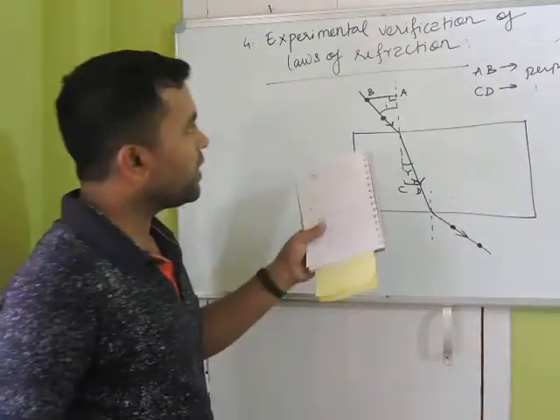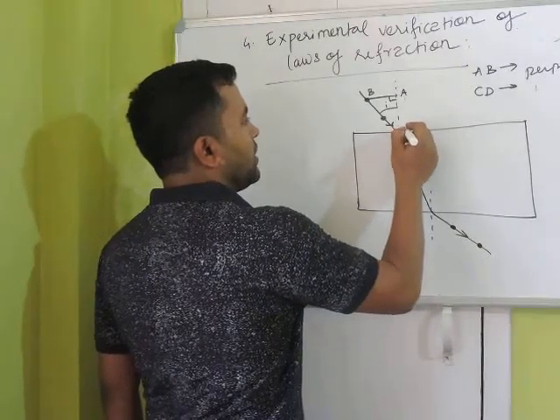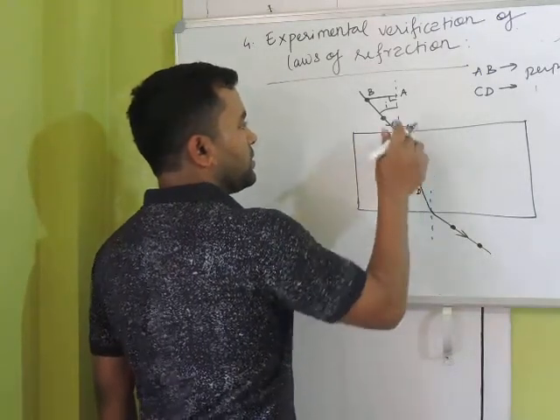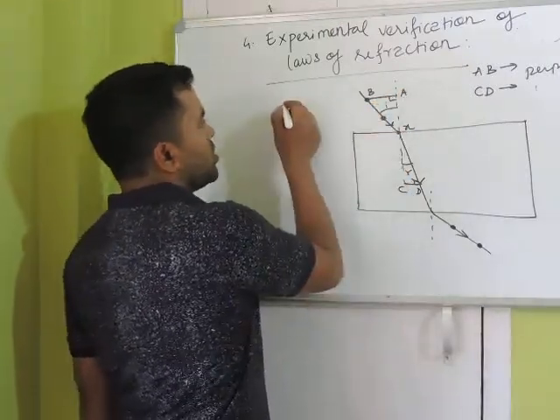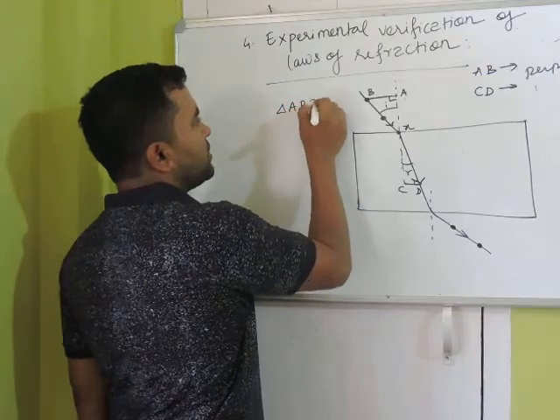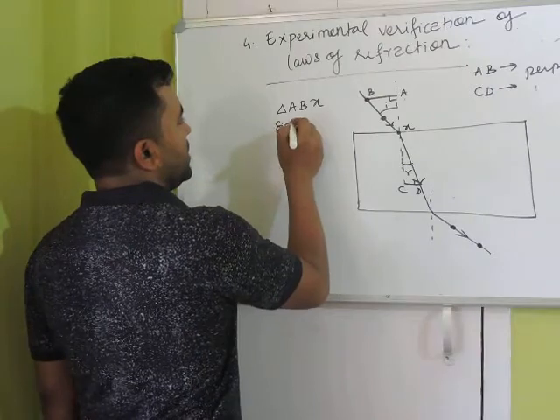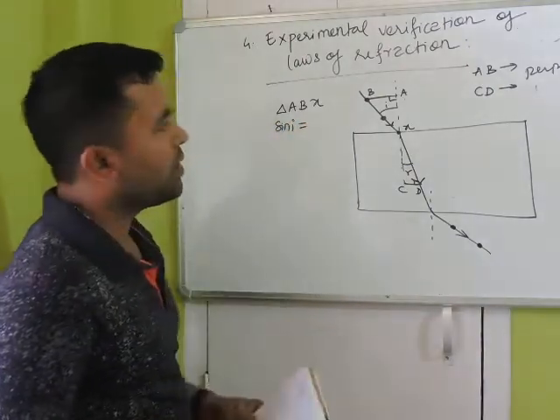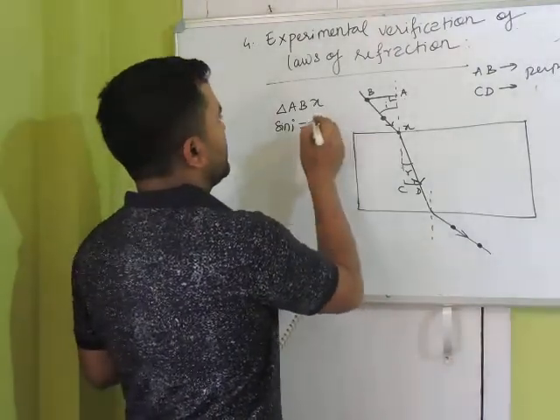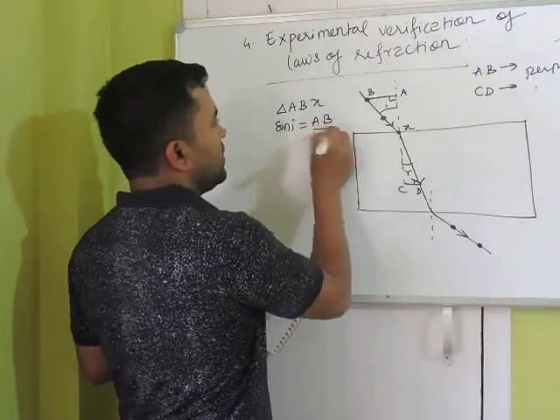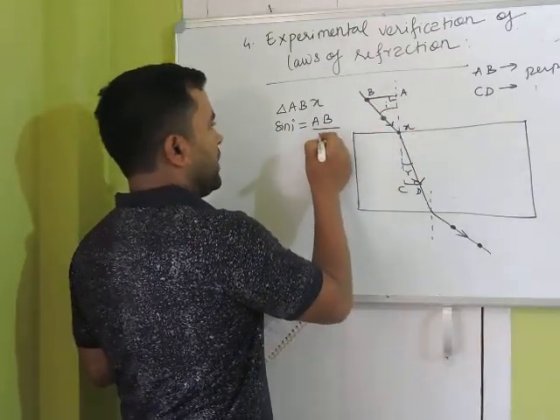Now let us say this point is X. So we can see the triangle ABX. In triangle ABX, we can find sin I. Sin is perpendicular by hypotenuse, so the perpendicular is AB in this triangle, and the hypotenuse is BX.